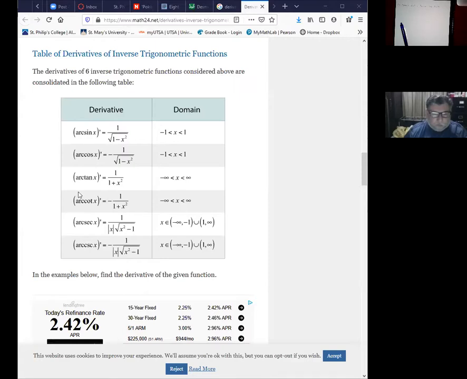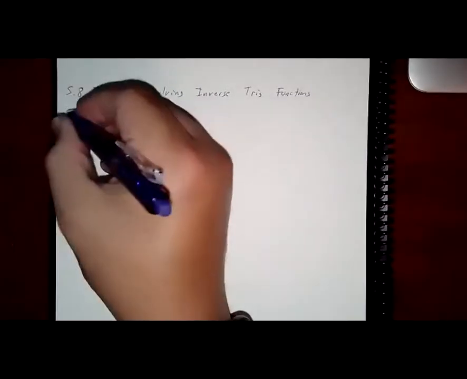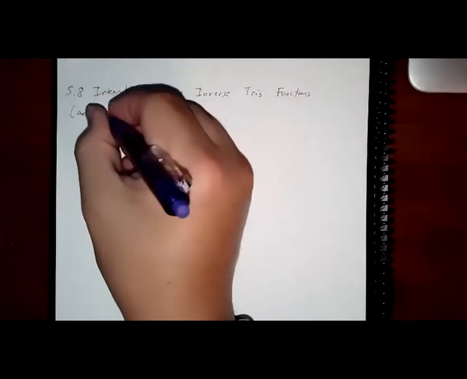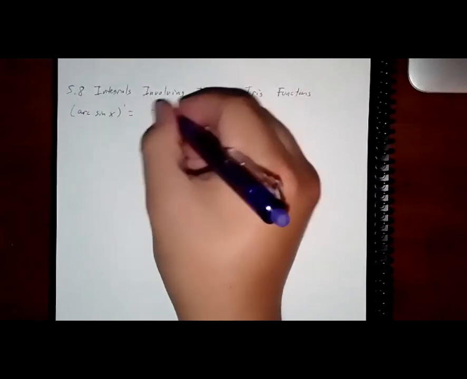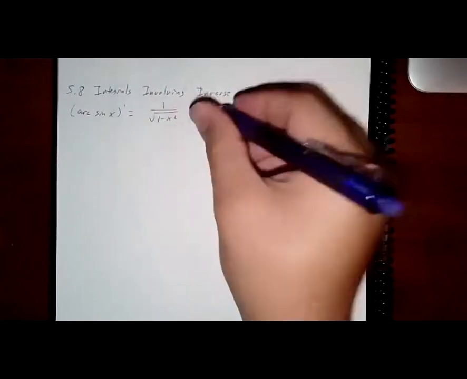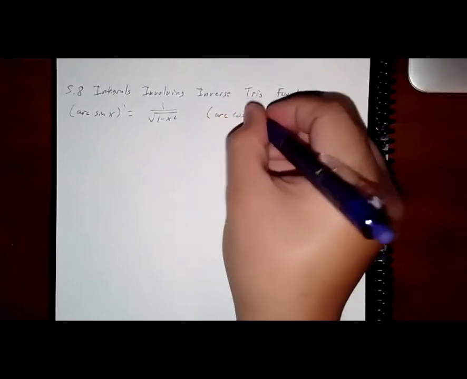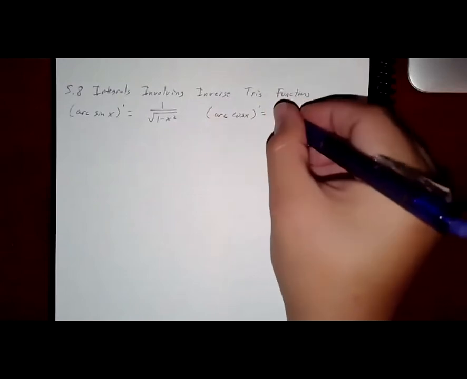I'll write them down for you. That way you have them, and we can refer to them. So I'm going to use arc sine just because I'm tired of the inverse symbol. So that would be 1 over the square root of 1 minus x squared. The derivative of arc cosine would be negative, the same thing.